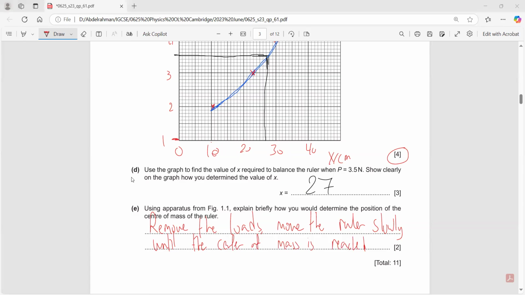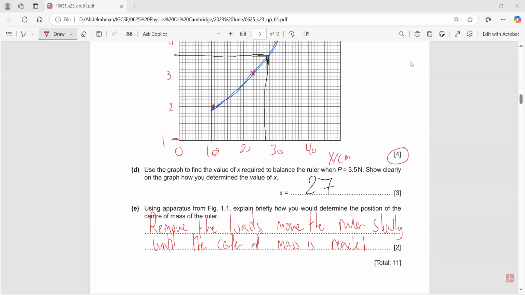Can I measure it and divide by 2? No, you cannot measure it and divide by 2. Why? Because the ruler is 100 centimeters long, and if you measure the ruler, the center of mass should be around 50 centimeters, which is true. But what if, for example, there is 2 or 3 millimeters added to the ruler on each end, or on one end only, so the center of mass wouldn't be exactly at the 50 centimeter mark.